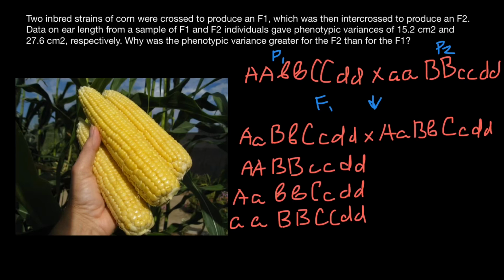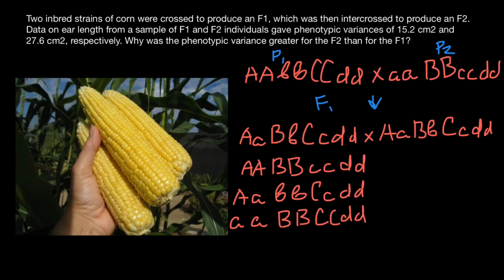That's why in the F1 generation we are not going to see much variation. All variation that we can see would be environmental variation. Of course, if the genotype of the F1 generation is the same, it doesn't mean that all ears are going to be of the same size, because all plants in a field would be affected by different environmental factors, such as, for example, getting different amounts of water and sun.